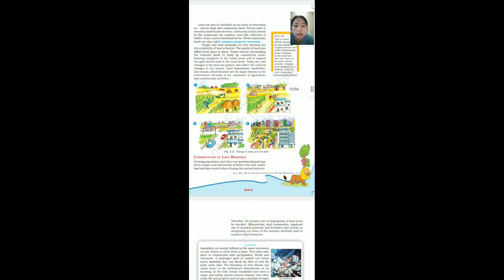Okay, here we can see that people and their demands are ever growing, but the availability of land is limited. With the emergence of technologies and many more, there is more use of land, more extraction of forest and all.